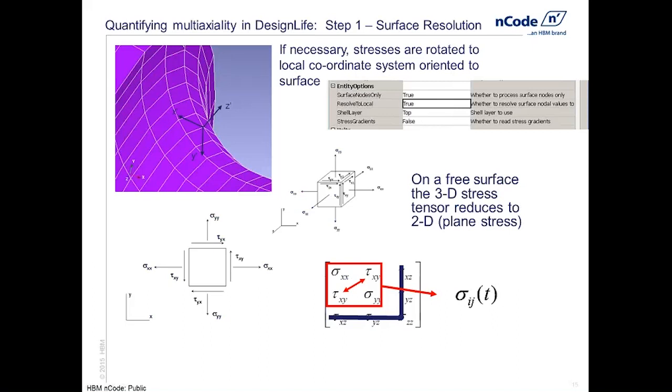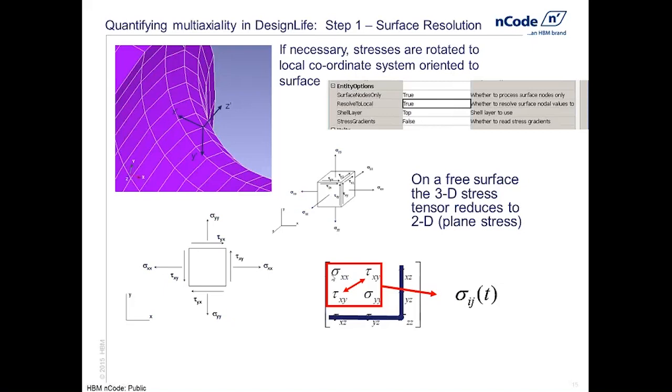So what this means is that when we rotate it to that coordinate system, our 3D stress state becomes a 2D stress state. We only need to consider the x and y directions. If we're looking at a tensor, that means that all the terms with a z in them will reduce to 0.